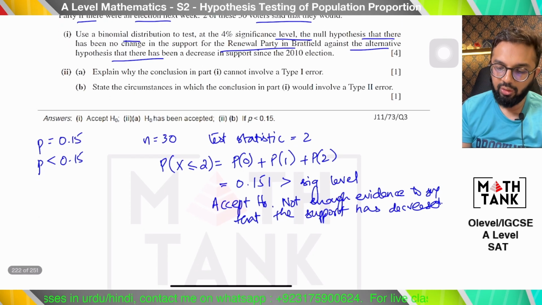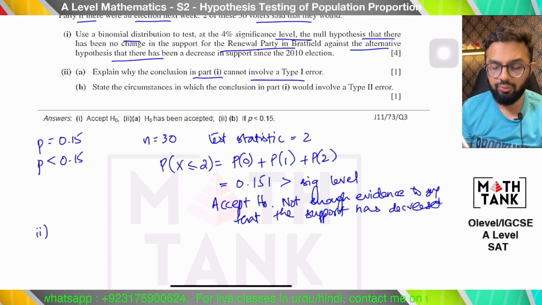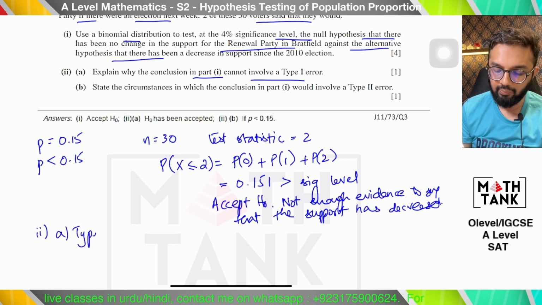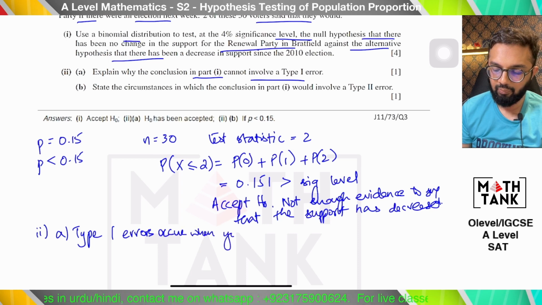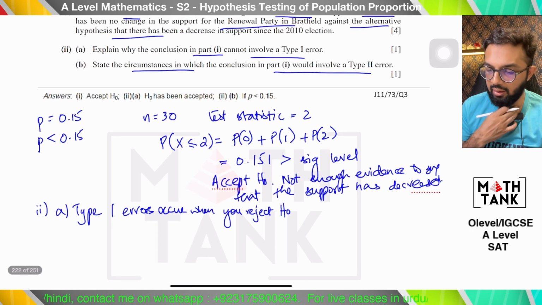Explain why the conclusion in part 1 cannot involve a type 1 error. Type 1 errors occur when you reject H0. State the circumstances in which the conclusion in part 1 would involve a type 2 error.